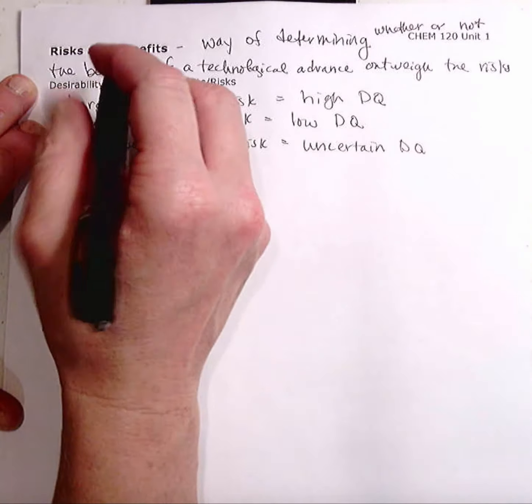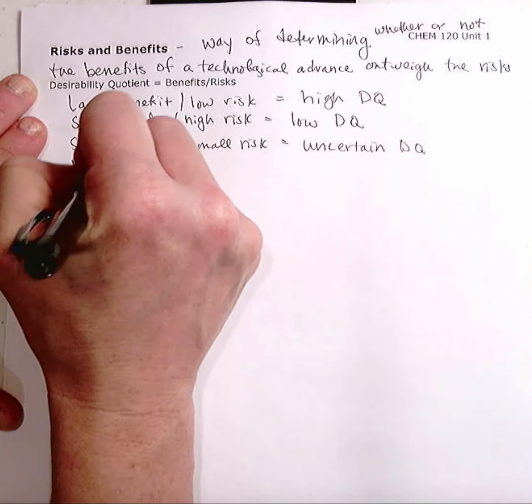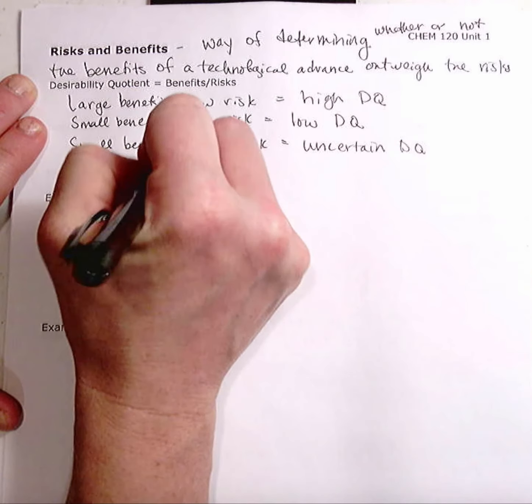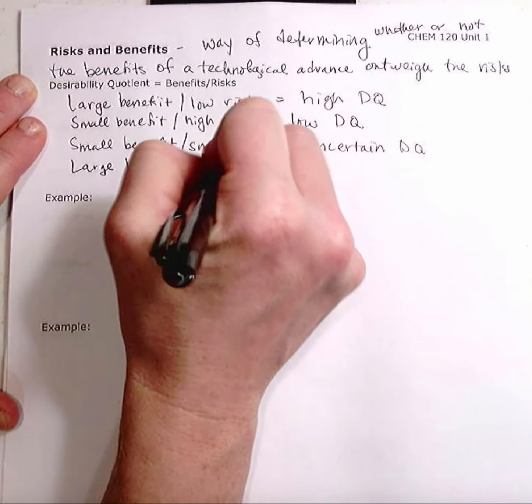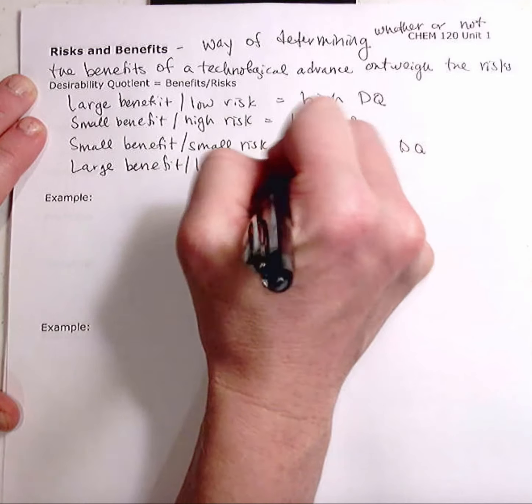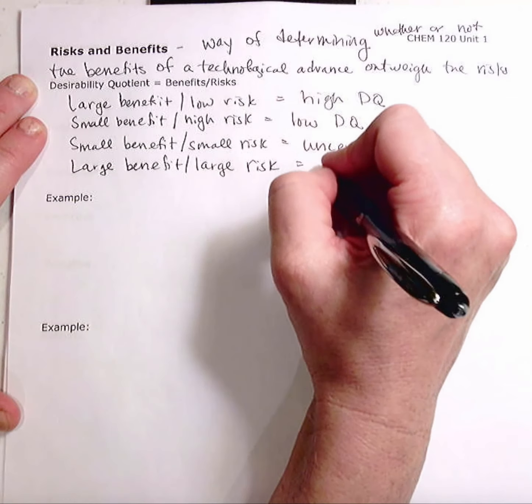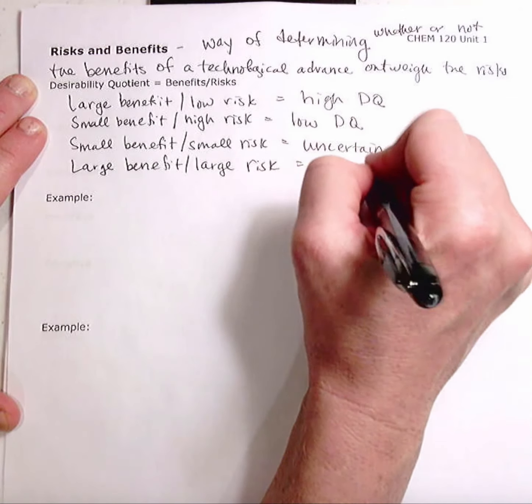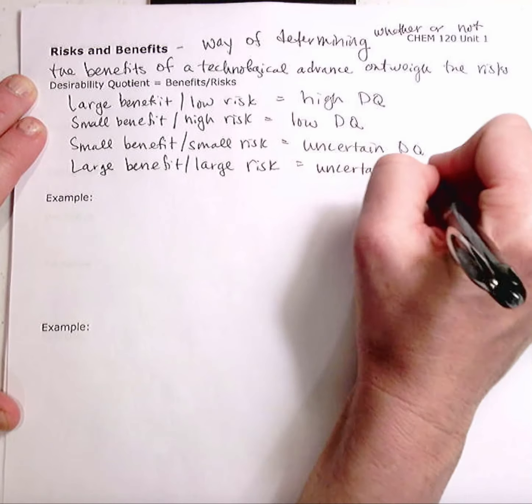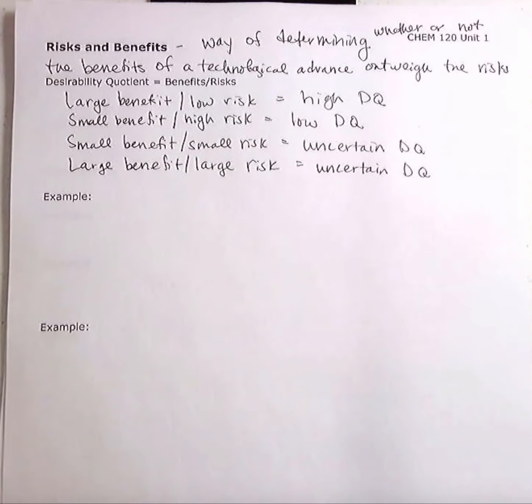If you have a large benefit and a large risk, that is also an uncertain DQ, or uncertain desirability quotient. So let's go through a few examples.